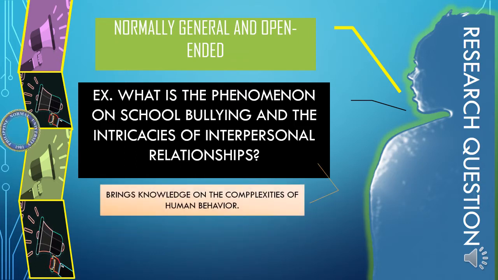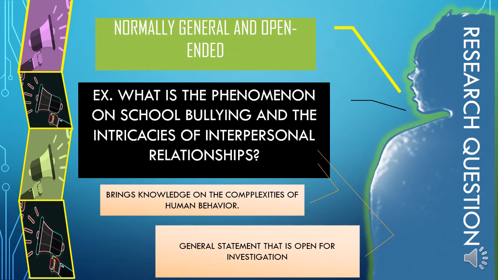This example could bring knowledge on the complexities of human behavior, and this is a general statement that is open for investigation because it undermines the phenomenon on school bullying and of course the intricacies of interpersonal relationships. So it will discuss things, factors, several aspects that will relate to bullying.